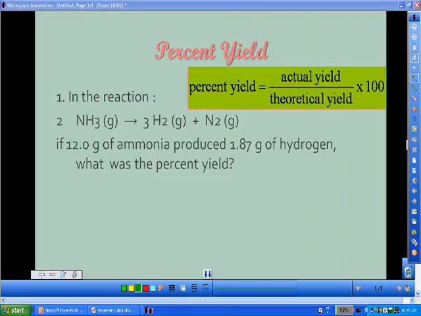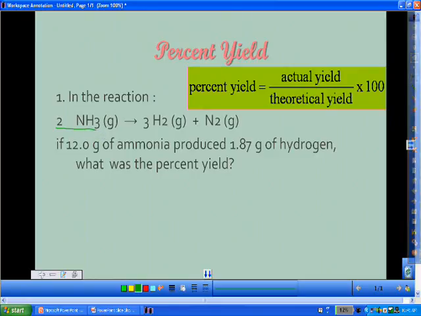It tells us in this reaction, 2 moles of ammonia yields 3 moles of hydrogen gas plus nitrogen gas. It says if you have 12 grams of ammonia, and that produces 1.87 grams of hydrogen, what was the percent yield?